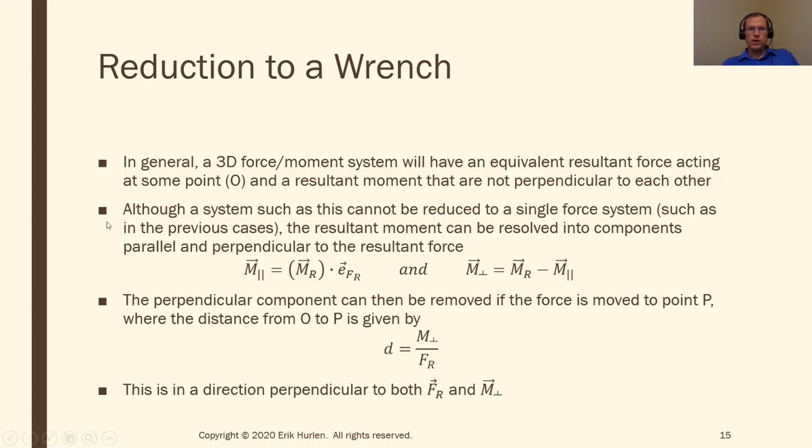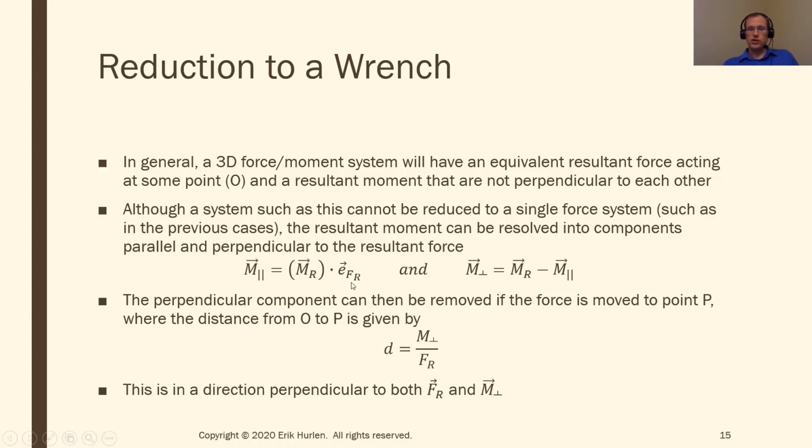The way I want to do that is because I want my force and my moment to lie on the same line of action, essentially they're parallel to each other. So I want to find the parallel component of the moment that's being created. To find the parallel component of a moment, I just take the entire moment and dot product it with the direction I want.